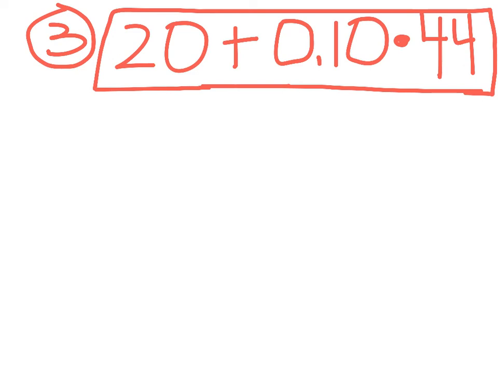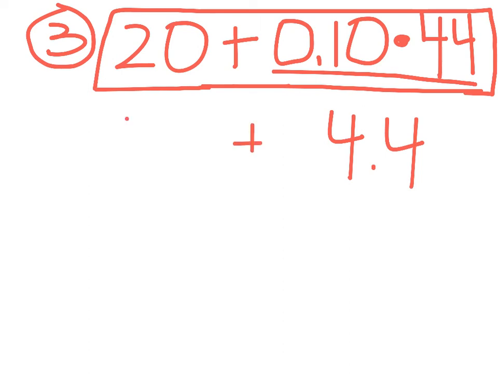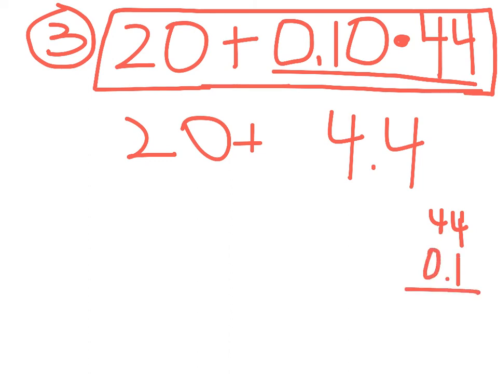But it also said to write and evaluate the expression. So evaluate means I'm going to solve this. So using PEMDAS, there are no parentheses, there are no exponents. I go to multiply, divide, step 3. So there's multiplication here. If I multiply 0.10 times 44, I get 4.4. And then I drop down everything else. All right, if you're not sure what that is, 44 times 0.1, if you multiply it out, which you should do if you don't know, you get 4.4.